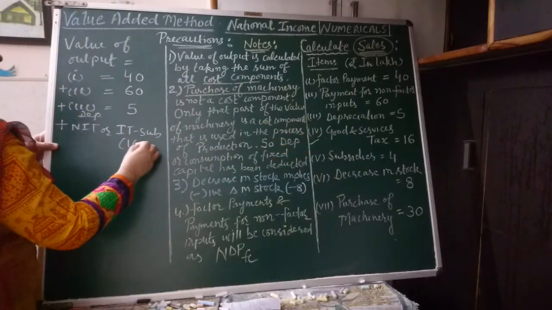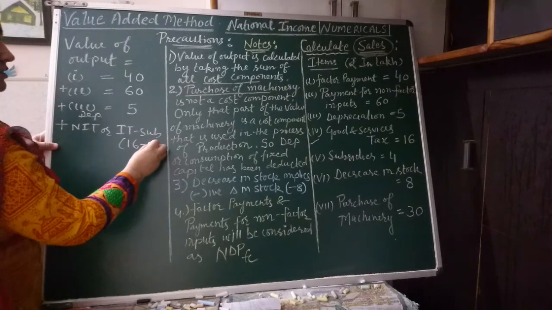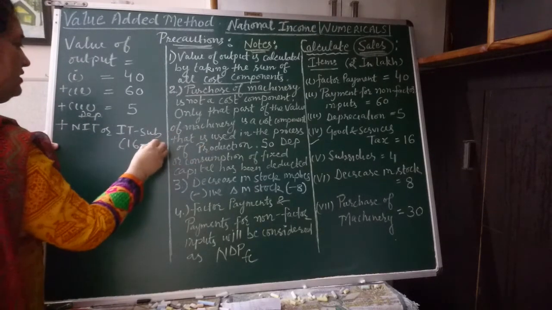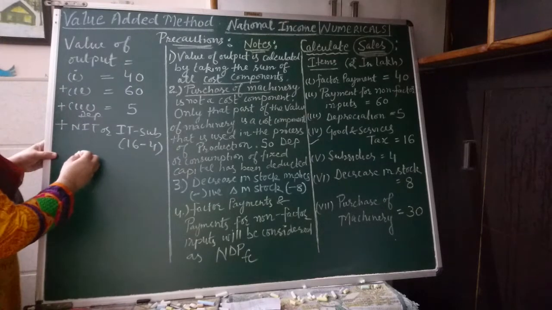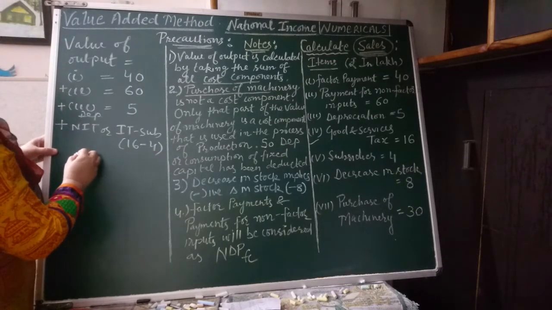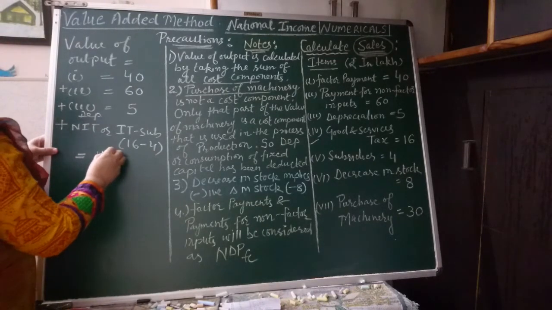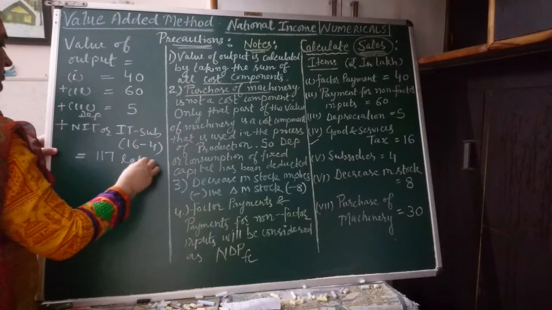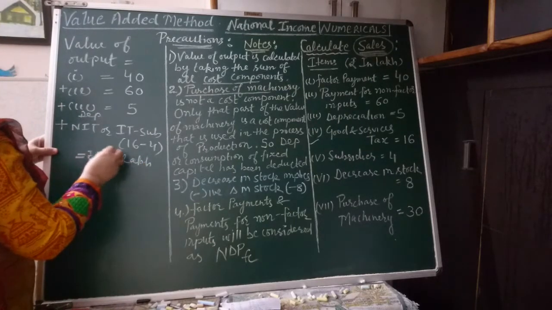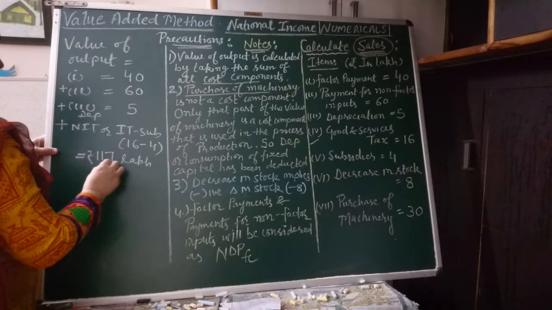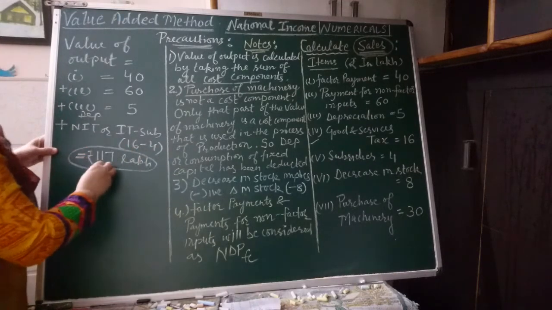It means 16 minus subsidies, which is also given, that is 4. So the value of output will be 117 lakh rupees, 117. So this is the value of output.